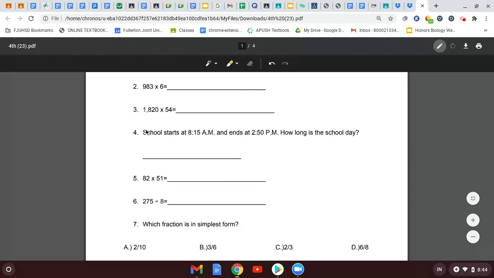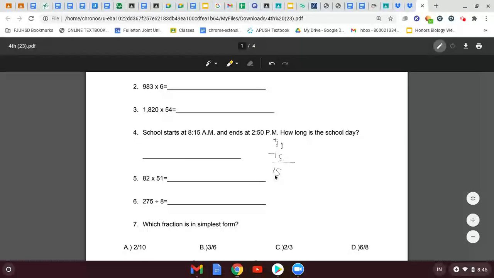Okay, and then let's go into number 4. School starts at 8:15 and ends at 2:50 p.m. How long is the school day? Okay. So in order to get 15 to 50, we have to subtract 15 from 50, which is 35.